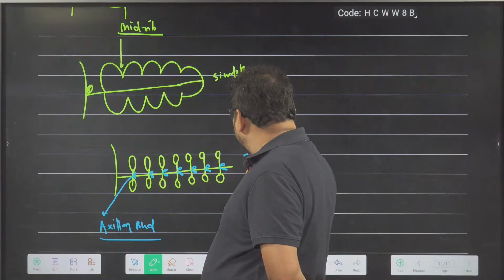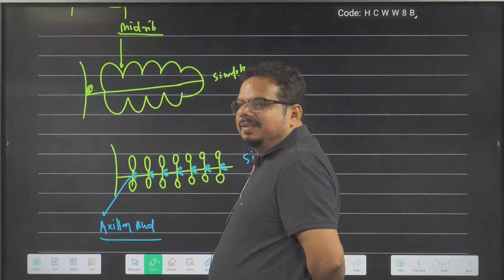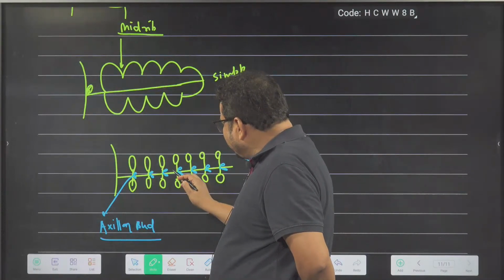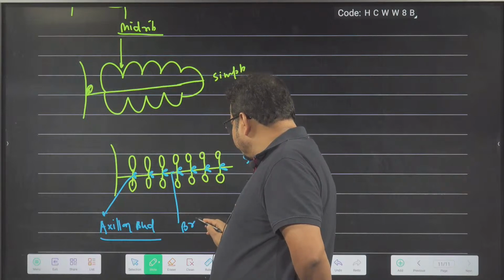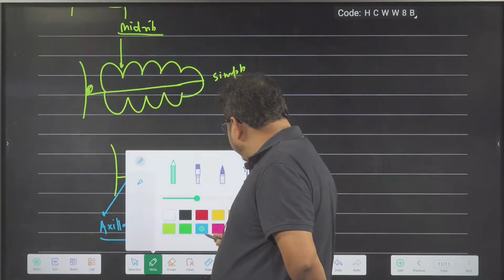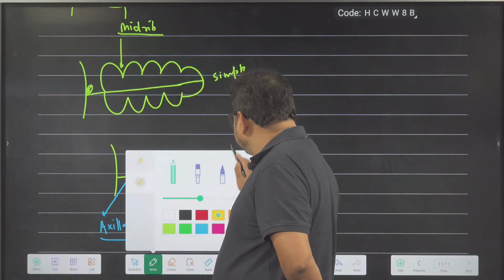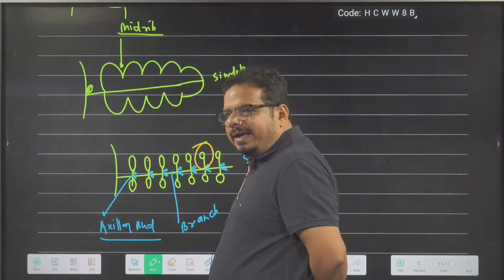Still it is a simple leaf. Why? Prove it. It is not the midrib. It is a branch. And this is not a leaflet. This is a leaf. Why is this a leaf?